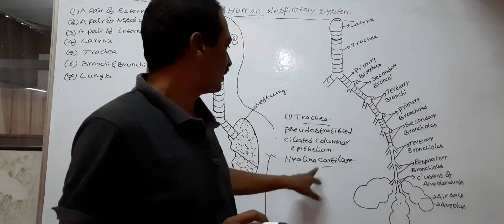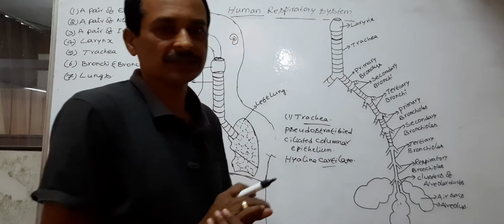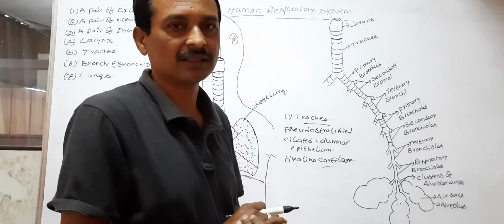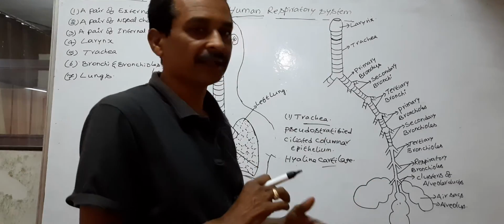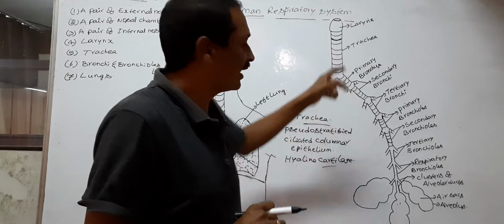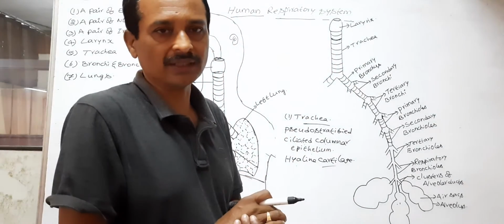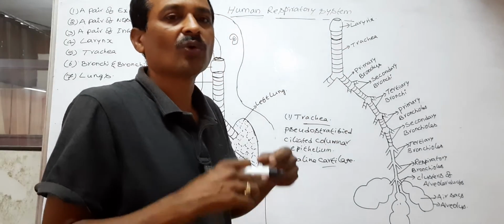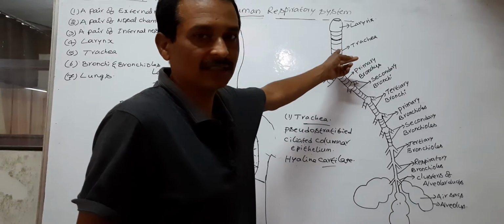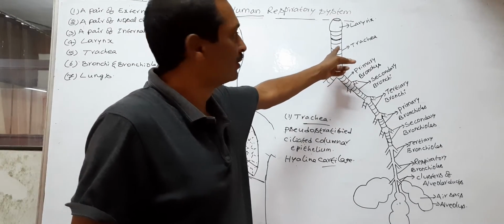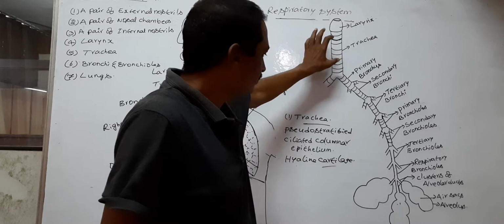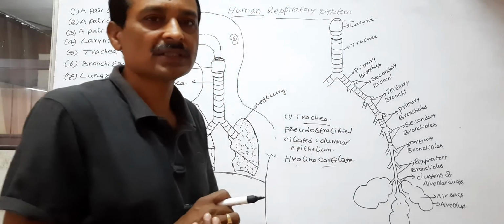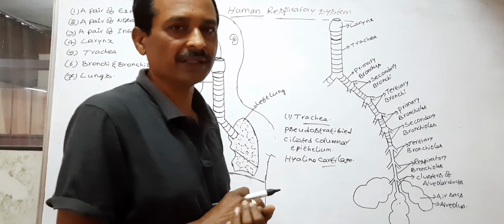Anyhow, the C-shaped rings give support to the wall of the trachea. They keep the trachea always open, so the C-shaped rings prevent the collapsing of the trachea.